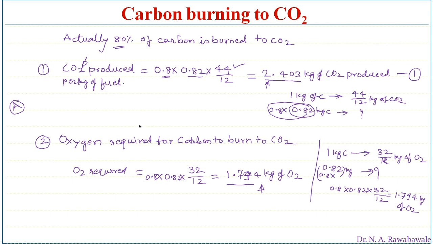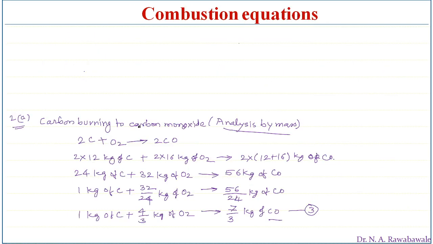The second thing is carbon burning to carbon monoxide. So this is another equation of combustion. If we burn 1 kg of carbon to carbon monoxide, it requires 32 divided by 24 kg of oxygen and produces 56 divided by 24 kg of carbon monoxide, or we can say 1 kg of carbon requires 4 by 3 kg of oxygen and produces 7 by 3 kg of carbon monoxide.